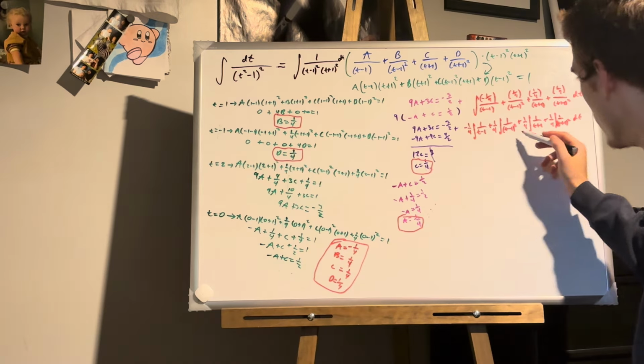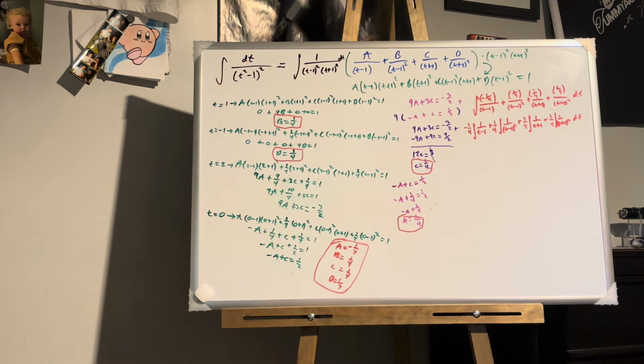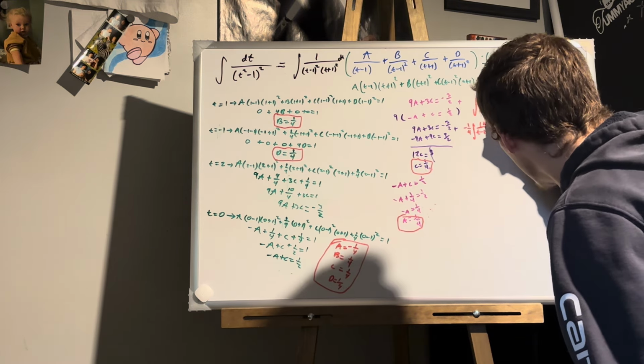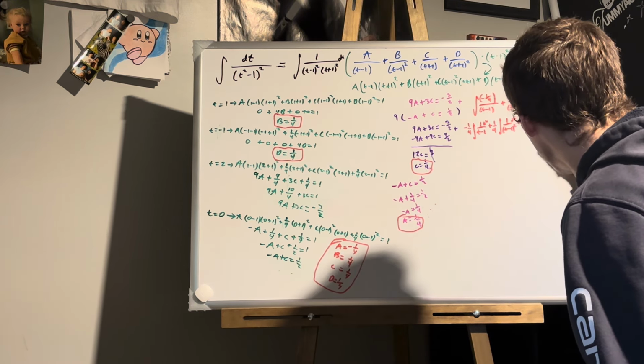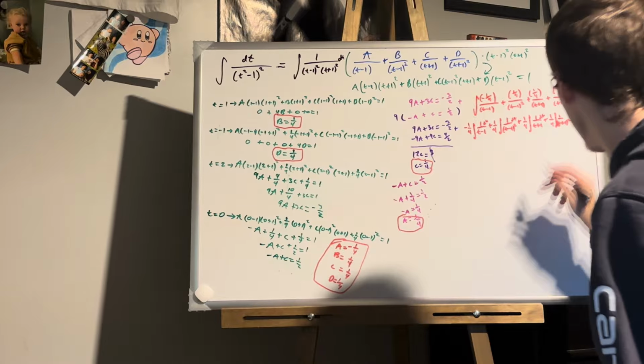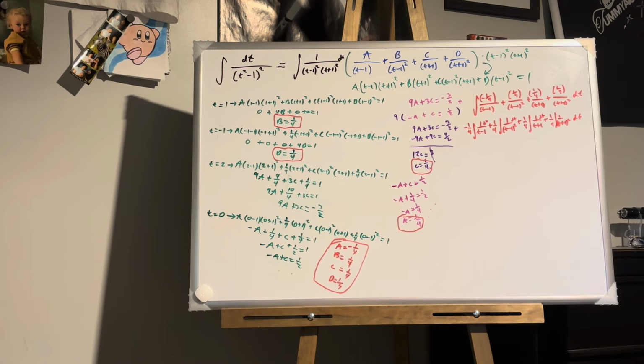And don't forget your dt's. I have no room, but they can technically just go in the numerator, so that's what I'm going to write them as. Okay. So we split it up.